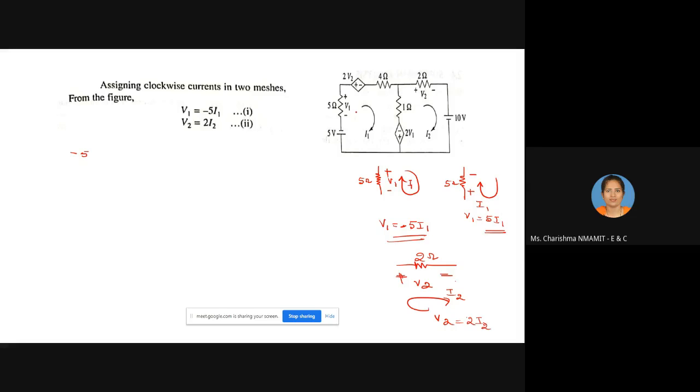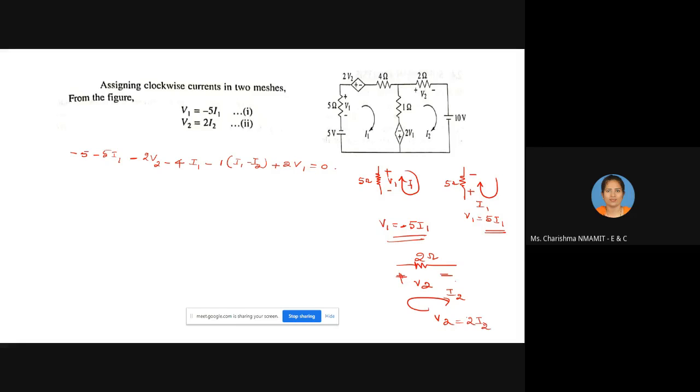So plus to minus, minus 5 minus 5 into I1, plus to minus, minus 2V2, minus 4 into I1, minus 1 into I1 minus I2, minus to plus 2V1 is equal to 0.